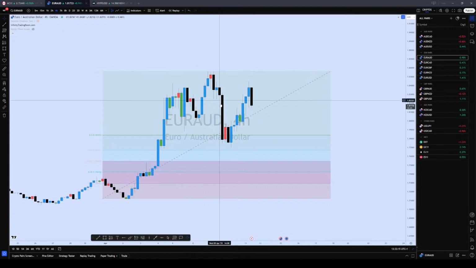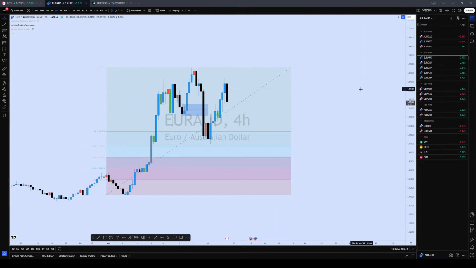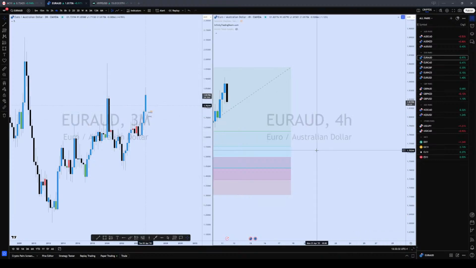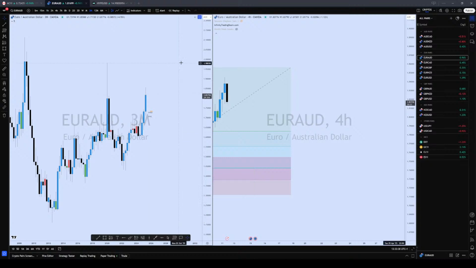So this is the break of structure. That's the last area of accumulation. So let me bring it into perspective with what the dollar index was doing on the 3 months.